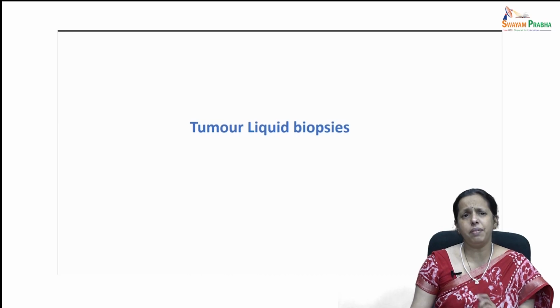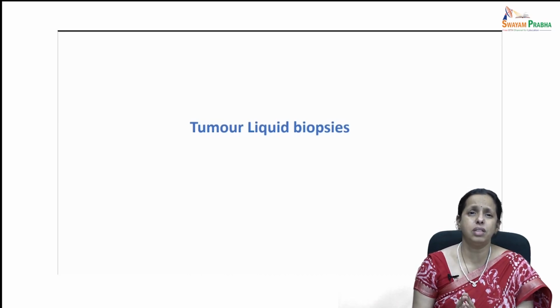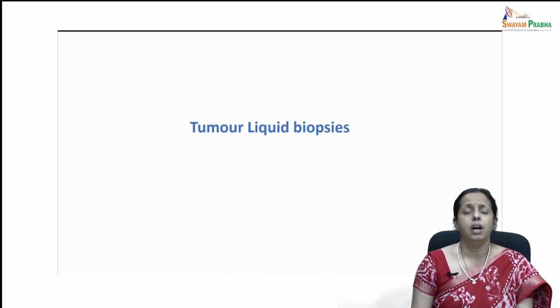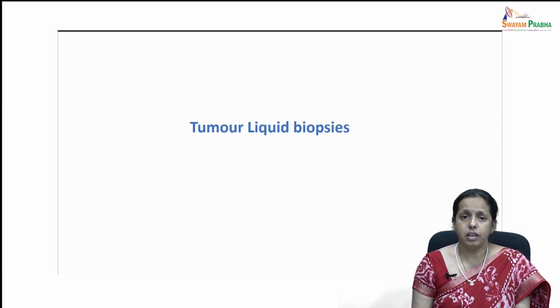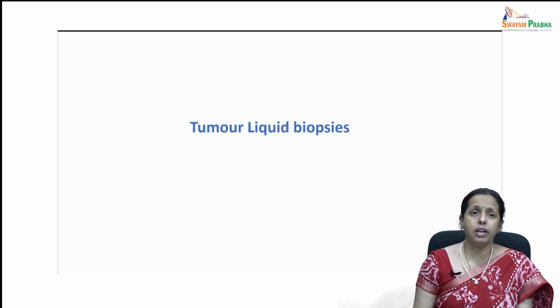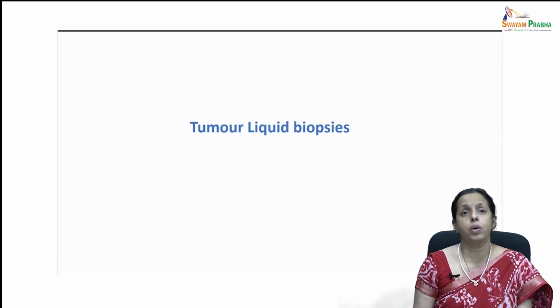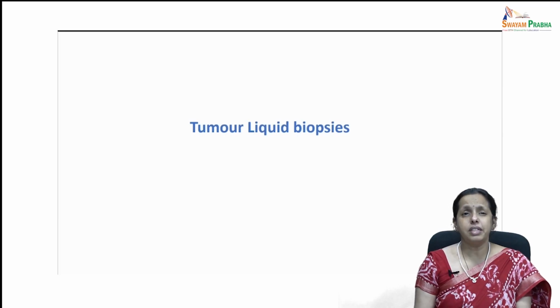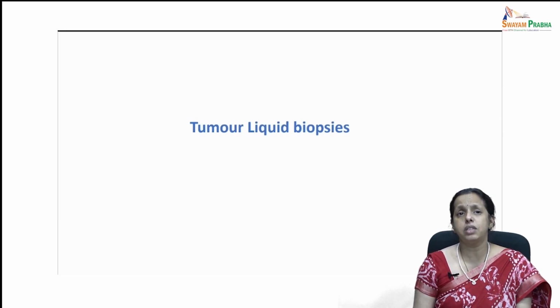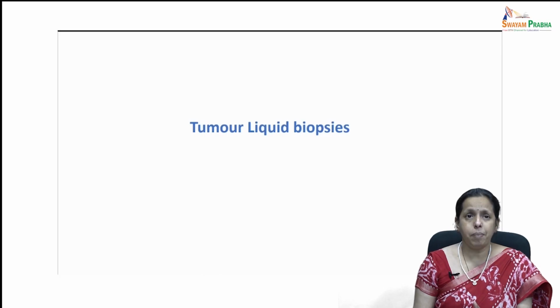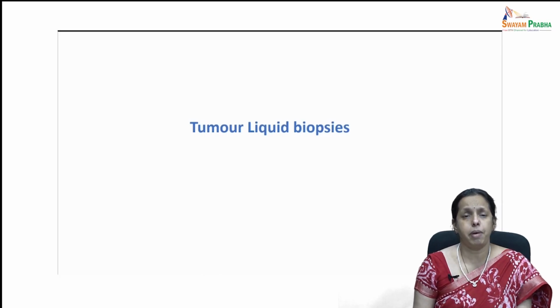So what do you mean by a tumor liquid biopsy? This is a very much preferred tool of sample collection for cancer therapies and cancer diagnostics now. The whole diagnostic approach, the molecular signatures for particular tumors, is now moving towards this sampling of tumor liquid biopsy.